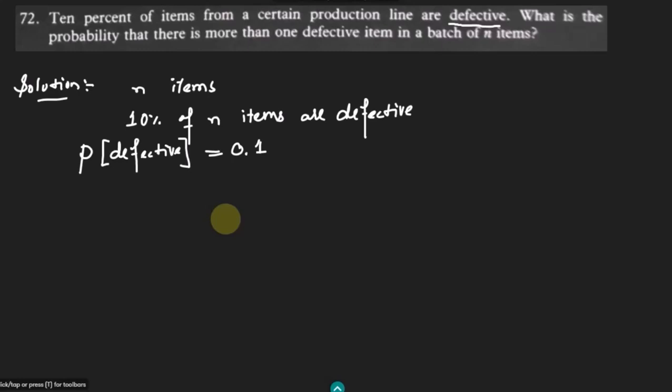What do I have to find out? The probability that there is more than one defective item in a batch of n items. Let me write k as the number of defective items.